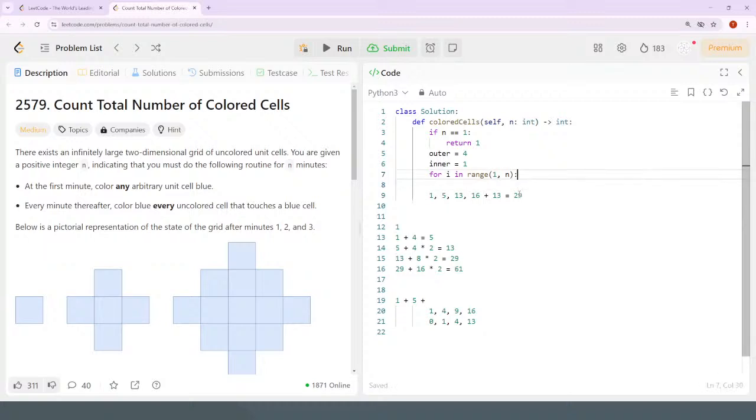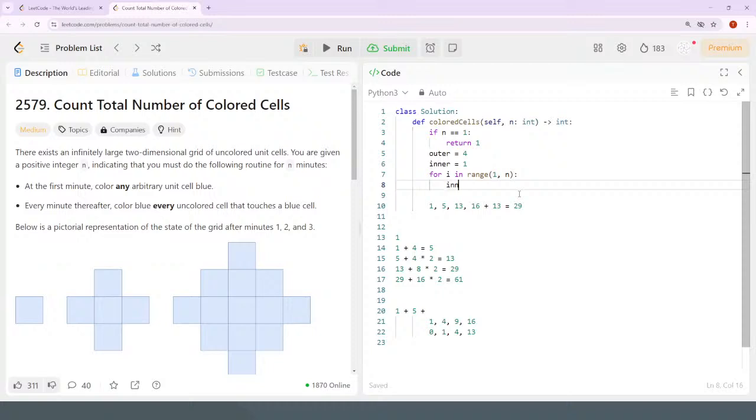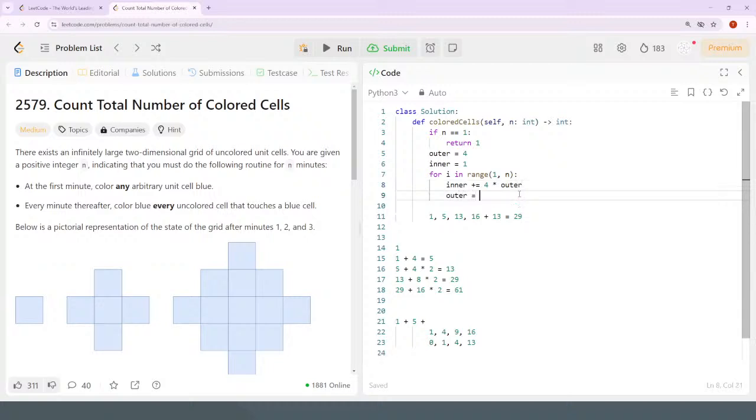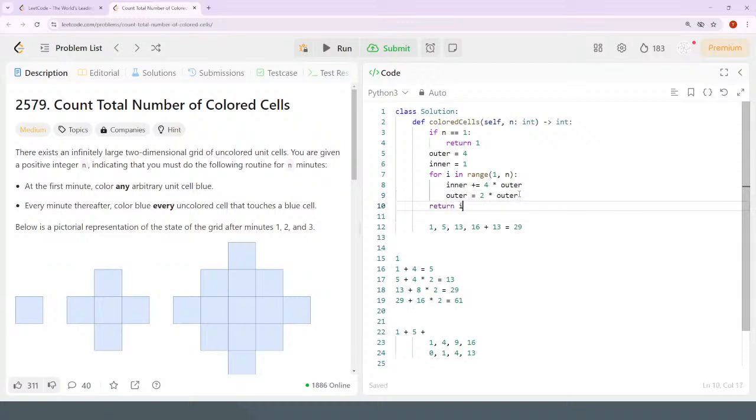Okay. Your inner is going to be equal to your previous inner, so plus equals 4 times your outer. Your outer is going to equal 2 times your outer. Your inner plus your outer.